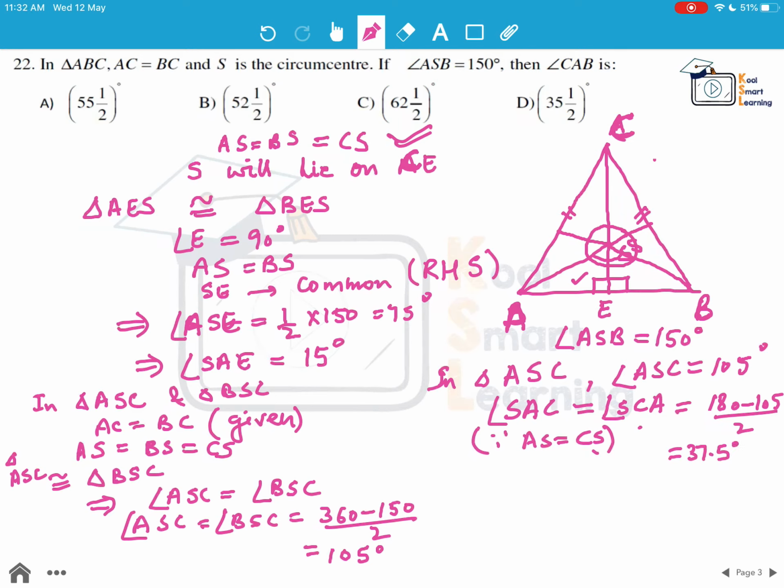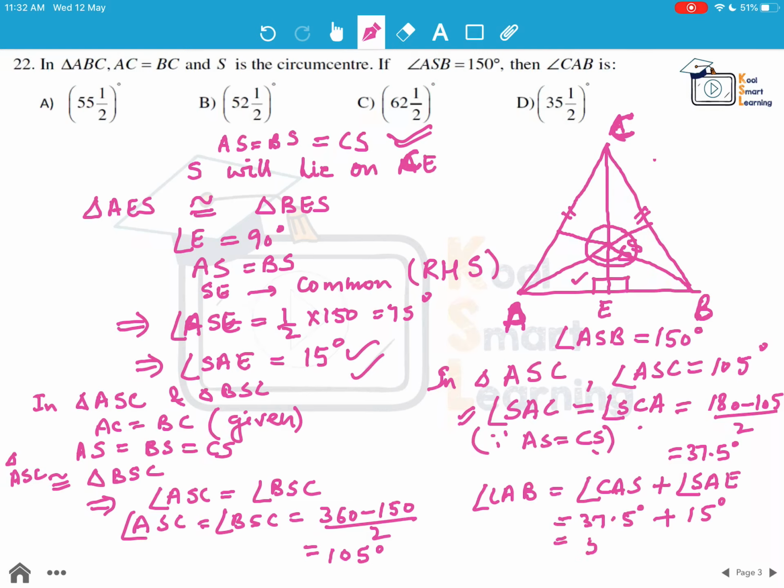So now what we have to find out is angle CAB, and this is nothing but angle CAS plus angle SAE. CAS or SAC is the same thing, so this is 37.5 degree plus SAE is 15 degree.